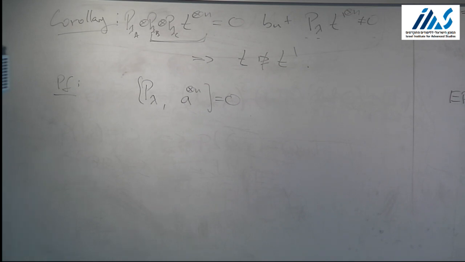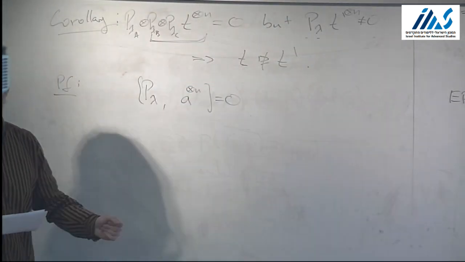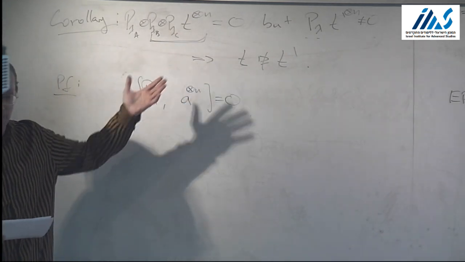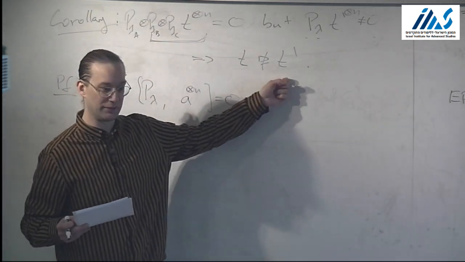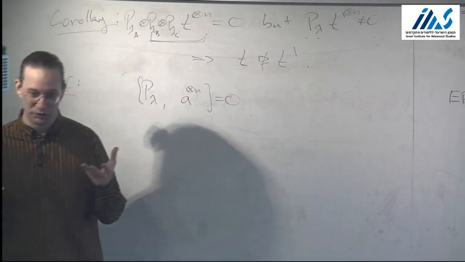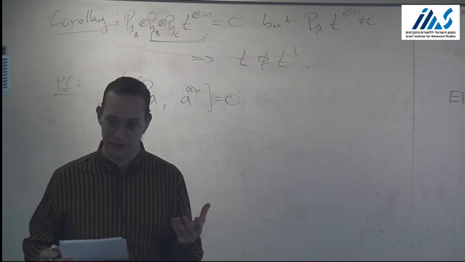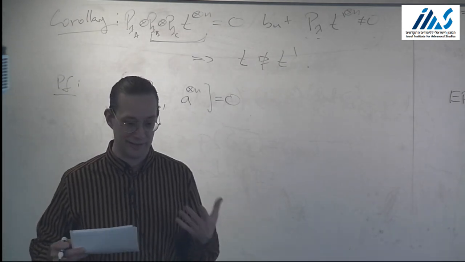What's the quantifier on lambda? No quantifier. So if you find a lambda such that this is true but this is not true, then this is okay. And a lambda that will do the job is called an obstruction. It's an obstruction to a tensor transformation. Obstruction in the computer science sense. And if you've heard of this geometric complexity program that Mulmuley and Sohoni put forward, this is exactly the same notion.